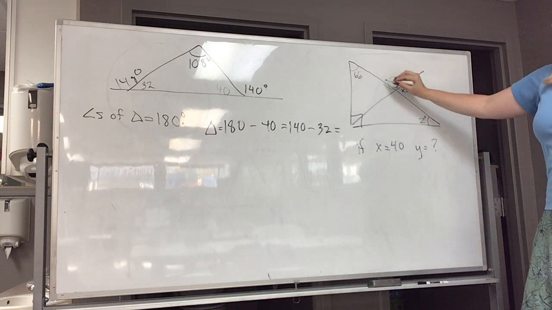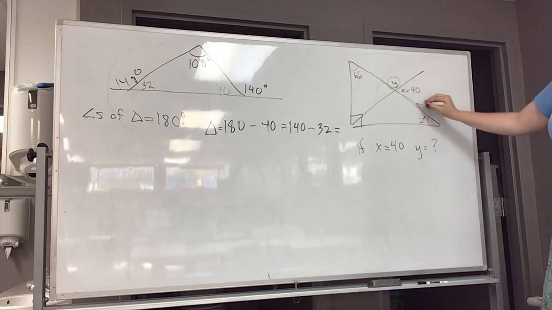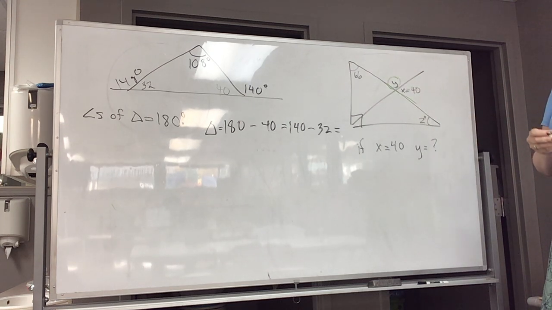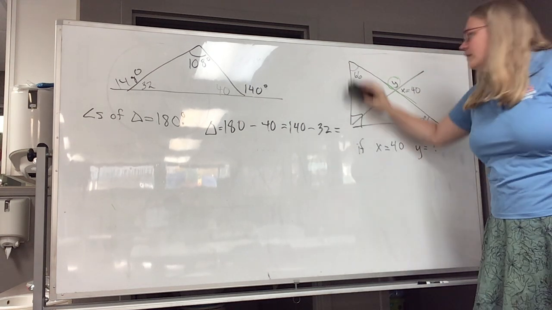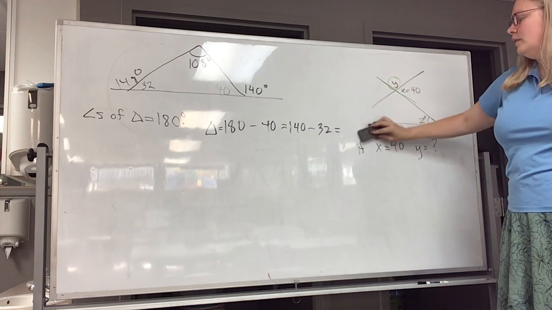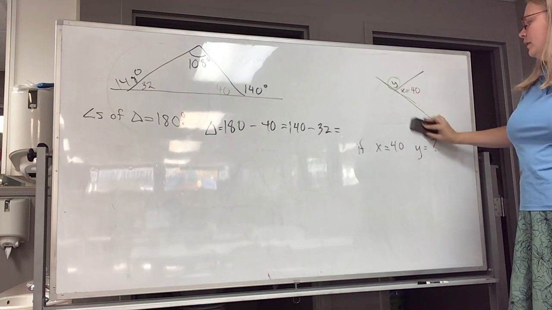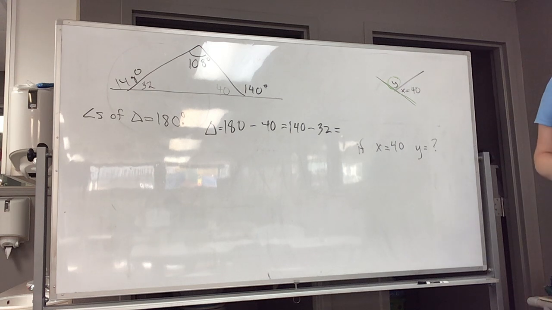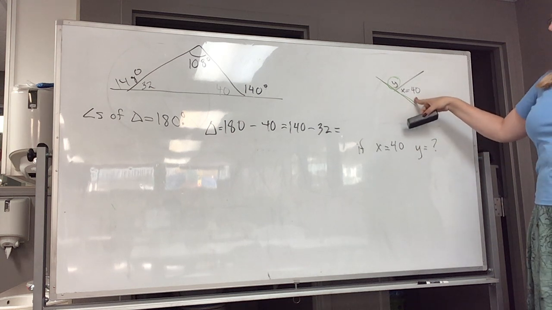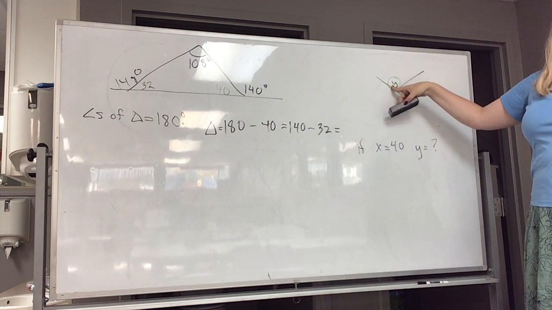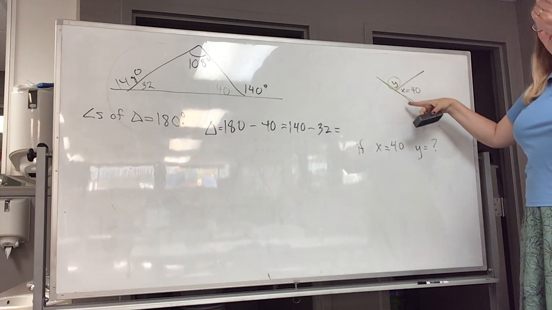But we've got a straight line. All of this other stuff, it's just noise. It's just chaos. If this is 40, what's y? 40. Almost. 140.